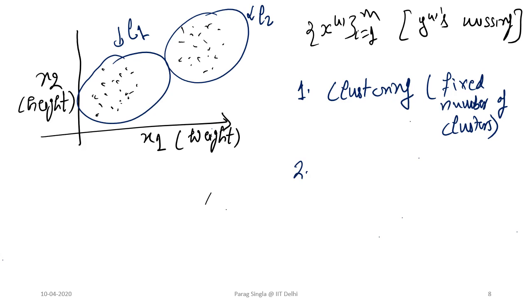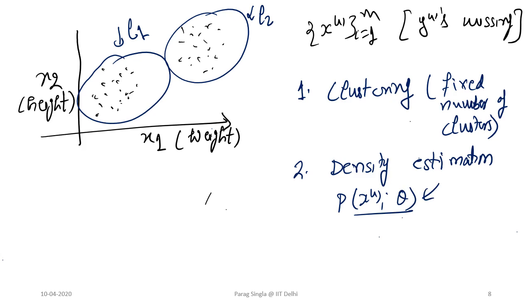The second set of techniques that we will develop around this would be called density estimation. And here the goal would be, given a data point x or xi, to assign it a probability based on some underlying parametric model, which is parameterized by theta.